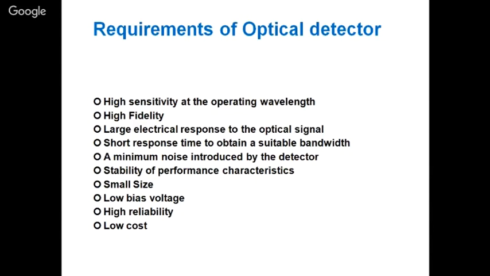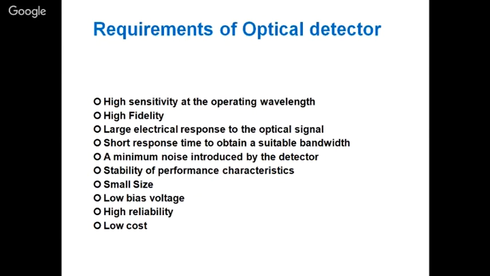Then short response time. I already said persistence should not be there. Minimum noise introduced by itself. The detector has a property called dark current. Even if there is no signal, some current is there.